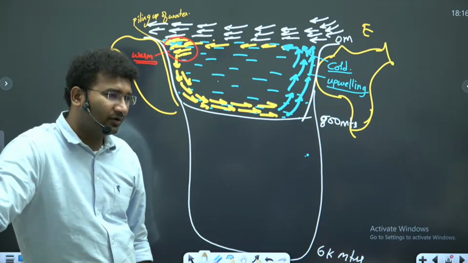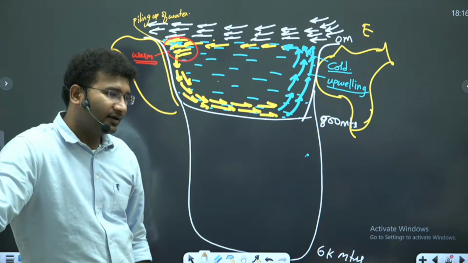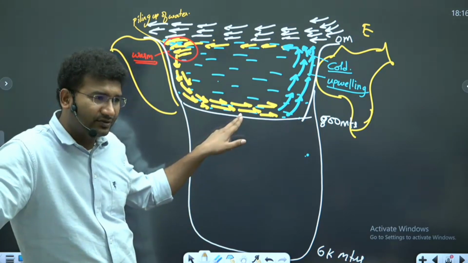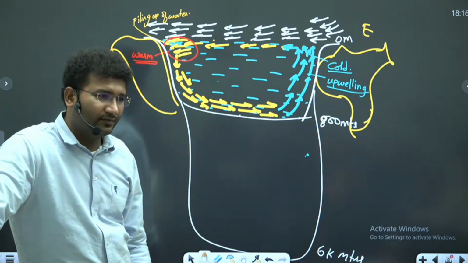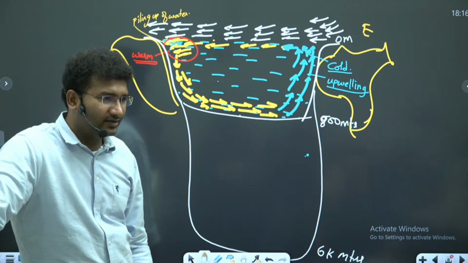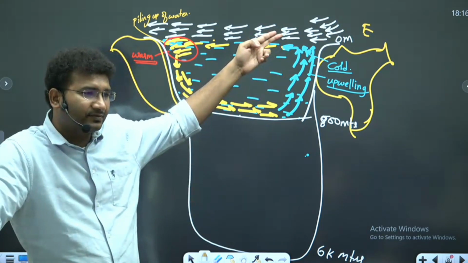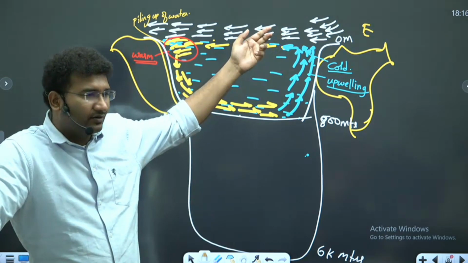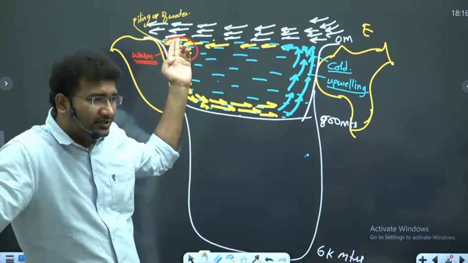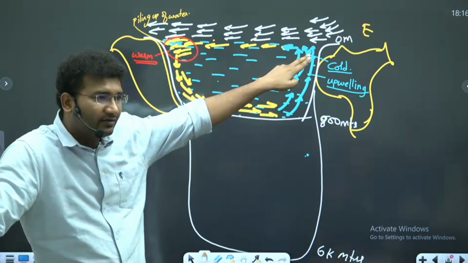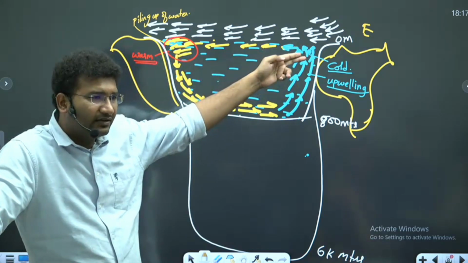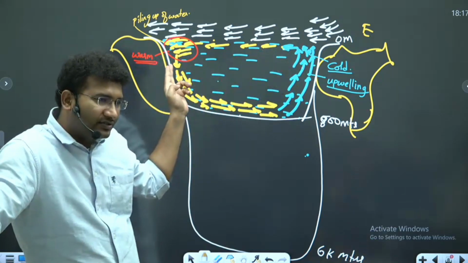Do you remember that we have drawn a graph yesterday? In the graph, what is the temperature that you have shown here? 10 degrees Celsius. 10 degrees Celsius मतलब cold होगा. Surface पे क्या temperature था? 27. Now as compared to this will have 27 degrees Celsius. This will have 13, 10, 12 degrees Celsius. Is it not cold as compared to this?